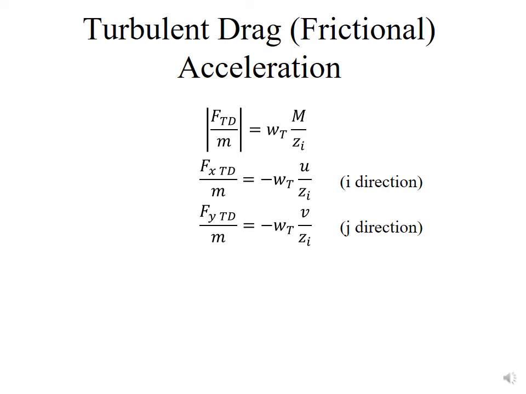In the east-west direction, f of x over m, which is the acceleration due to turbulence, is equal to minus Wt, that turbulent transport velocity, times the wind in the east-west direction u, divided by zi, where zi is the roughness length, which is essentially the height above the surface of the planet where the wind speed actually goes to 0. The north-south component is the same, except you have the north-south wind v.